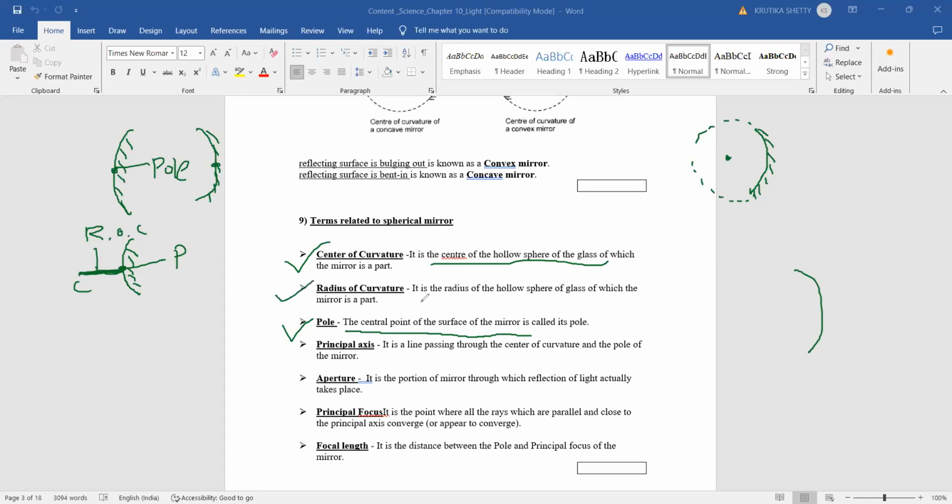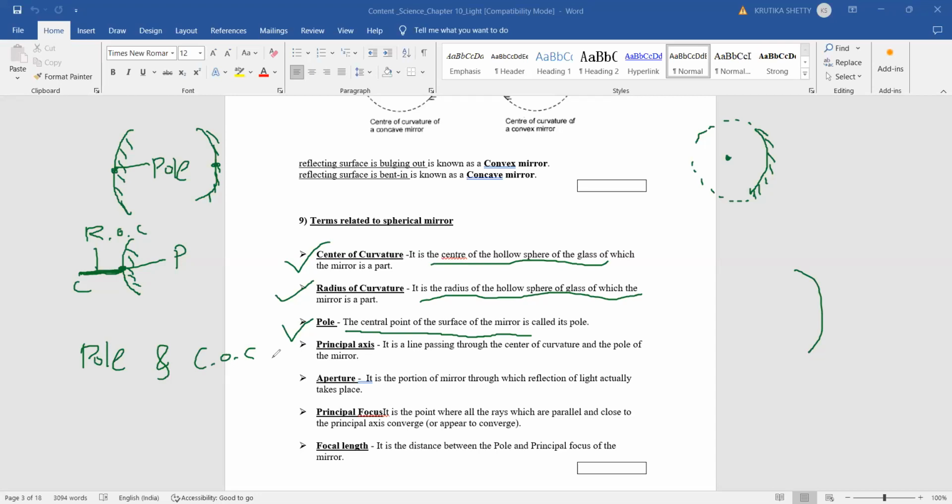It is the radius of the hollow sphere of glass of which the mirror is a part. Is it clear what the radius of curvature is? Yeah. So three definitions are completed.